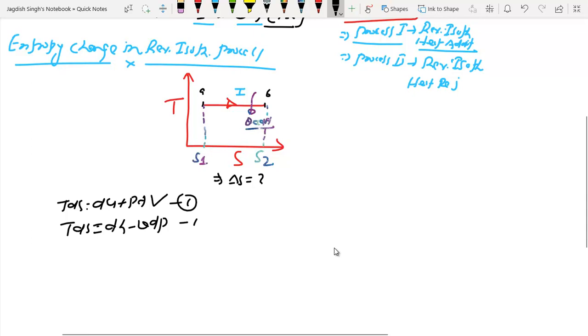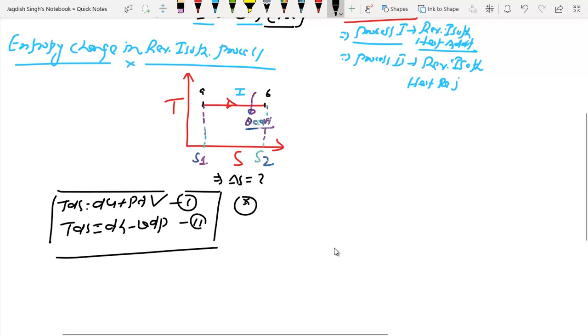These are two important equations, and we are familiar with them. Just pick one equation, TdS is equal to dU plus PdV. We know that dU is Cv dT, and this is PdV.